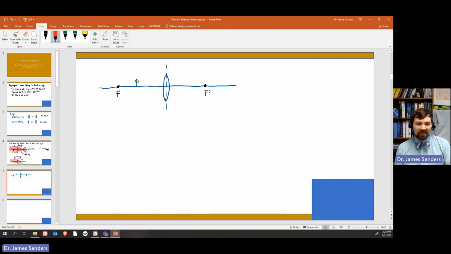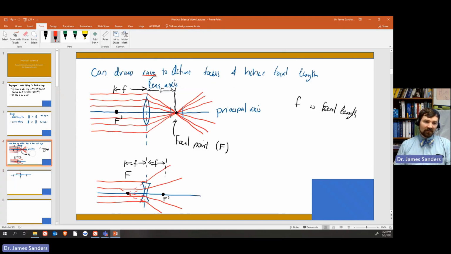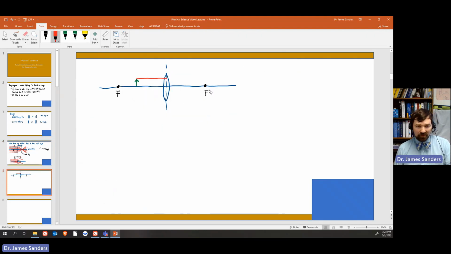And by conveniently, I mean, for example, maybe we choose this to be one of our rays. This is convenient because it's parallel to this principal axis. Now, since it's parallel to this principal axis, it's not distinguishable from any of these rays here. That means that it's going to have to go through the focal point.